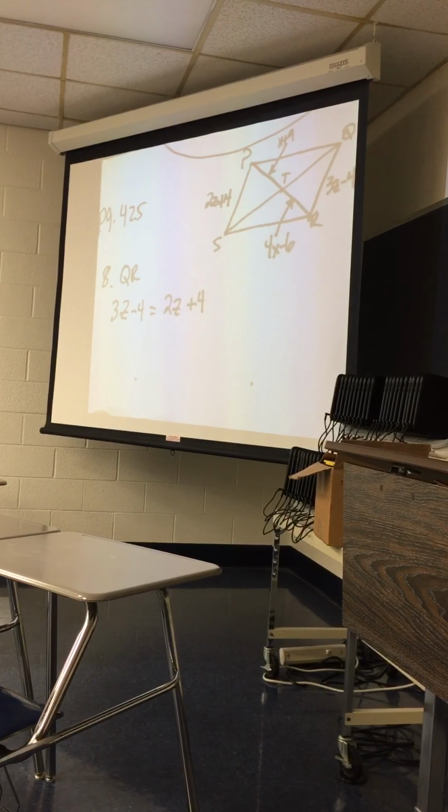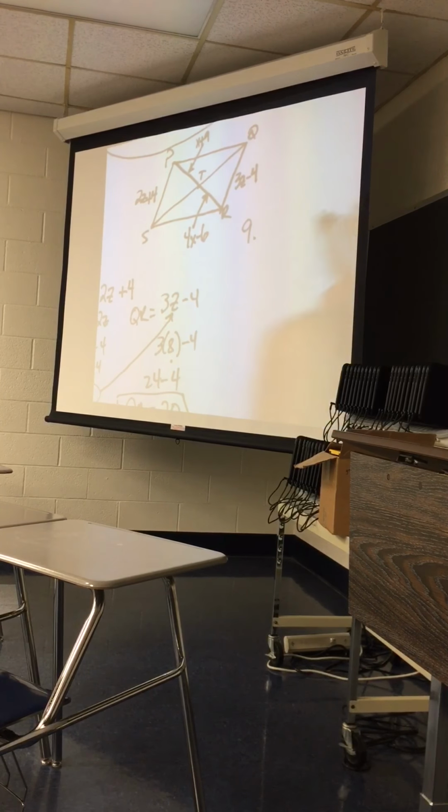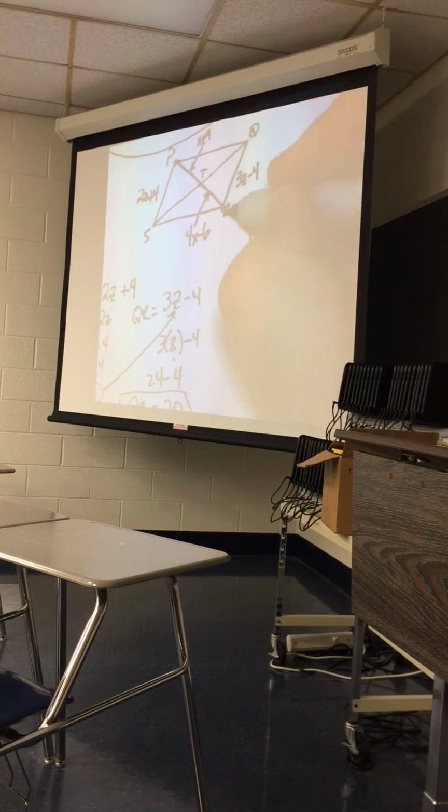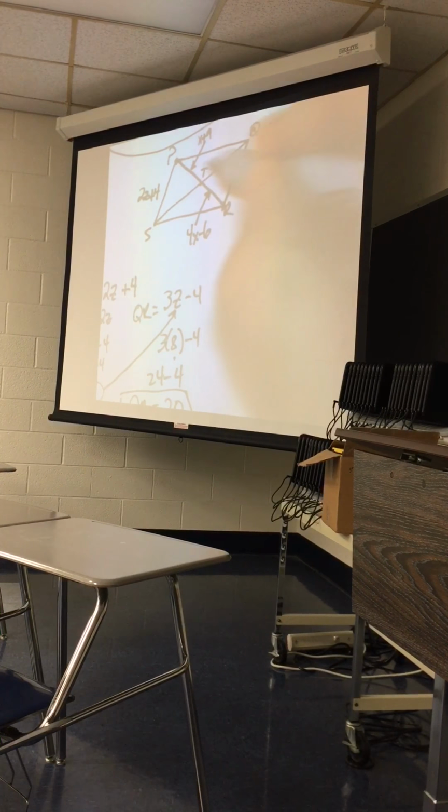All right, let's take a look at number 9. If we can get it on the screen up here. Number 9, with that given information, I imagine they're going to do something very similar with the diagonals. They want us to find the length of PR. Well, PR is the entire diagonal. Well, we know again that they bisect each other.